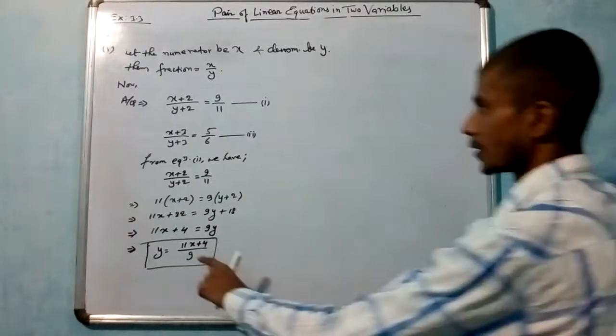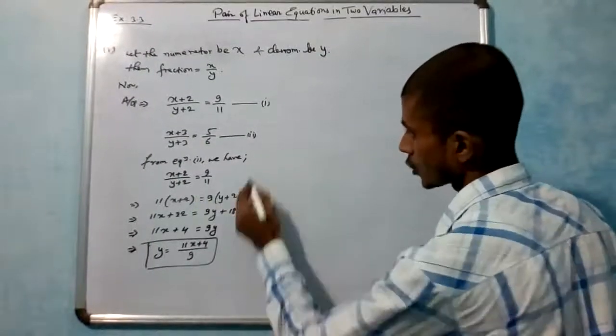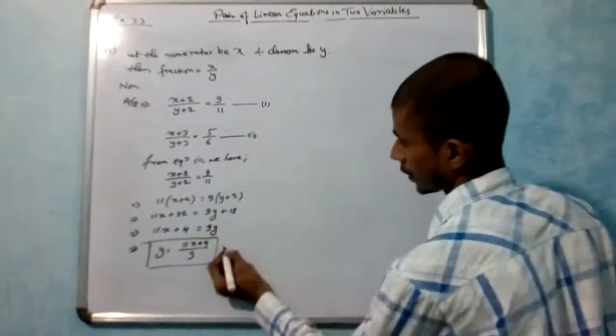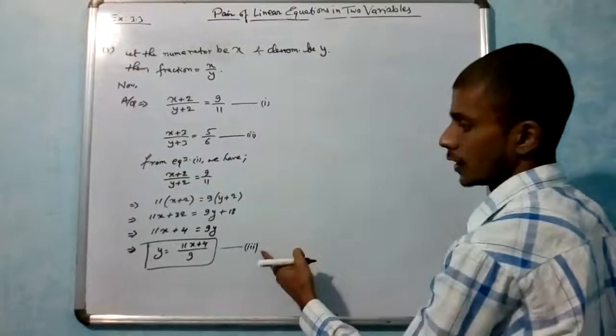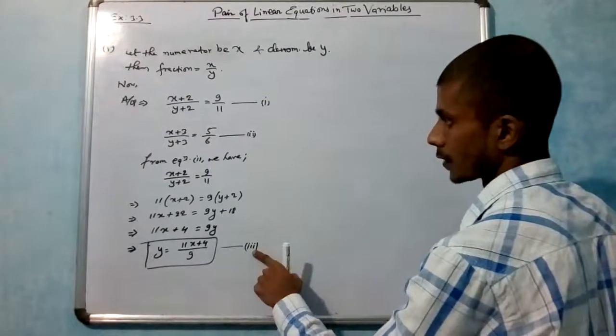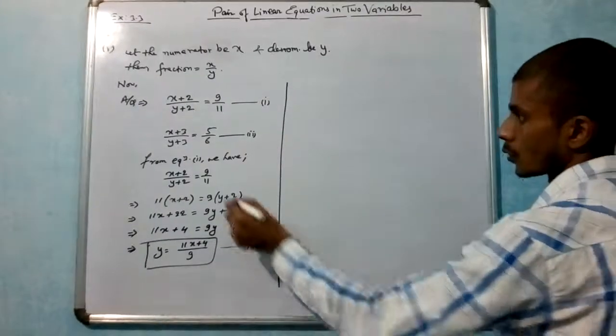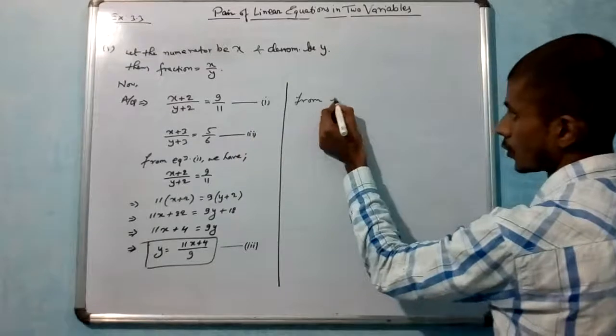Now substituting this in the other equation. Let us assume the first is done, and this becomes equation 3. The first equation we got here, and this is now 3. Now what to do? From equation 2, simplify this also.